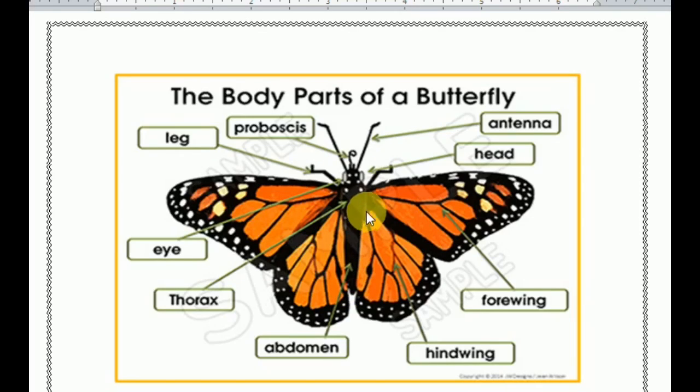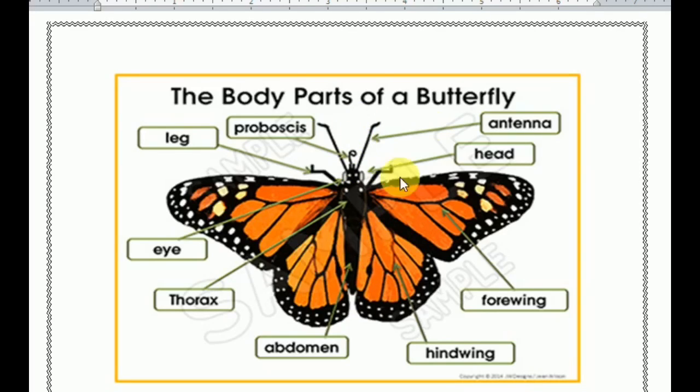An insect's body is divided into 3 parts: the head, the thorax, or chest part, which is the middle part, and abdomen, the last part. So an insect's body is divided into 3 parts.